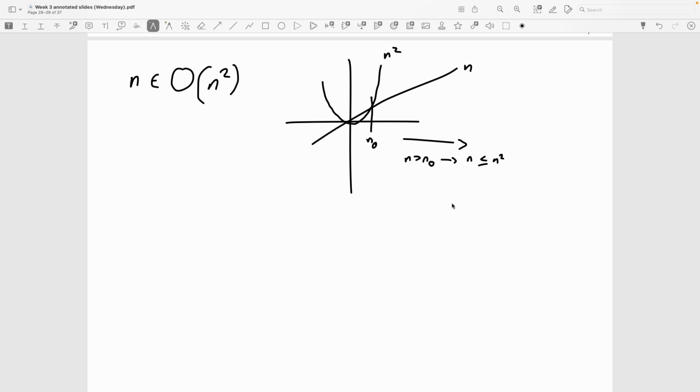So you see, this picture expresses the same thing as the definition is trying to express, which is that even if n is sometimes bigger than n squared at first, after a certain point, n is always below n squared.